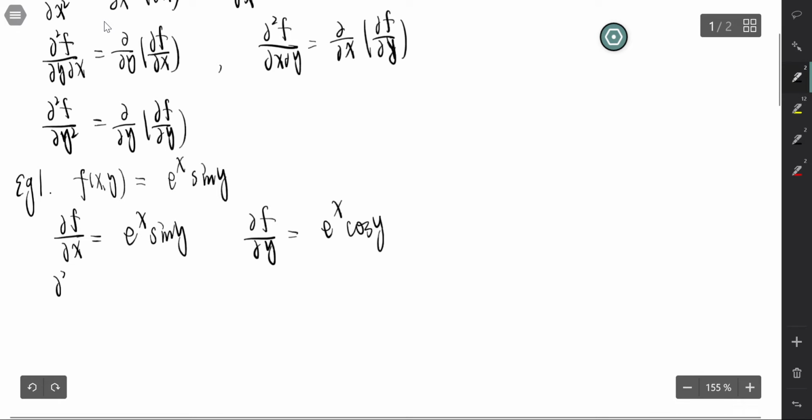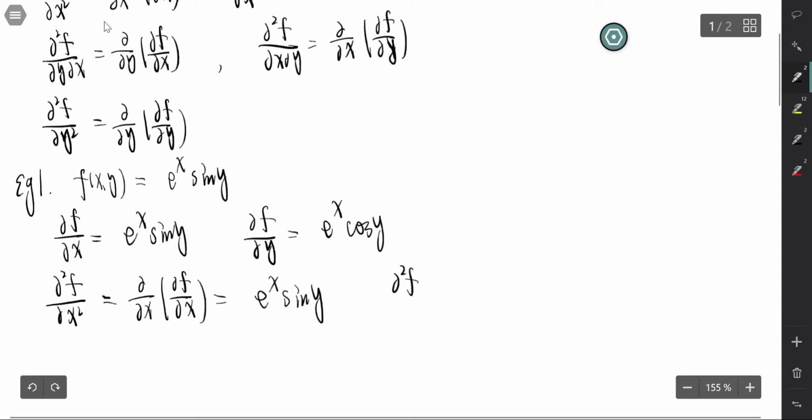So partial squared f, partial x squared, is the partial derivative in x of partial f partial x, that is e^x sin y.